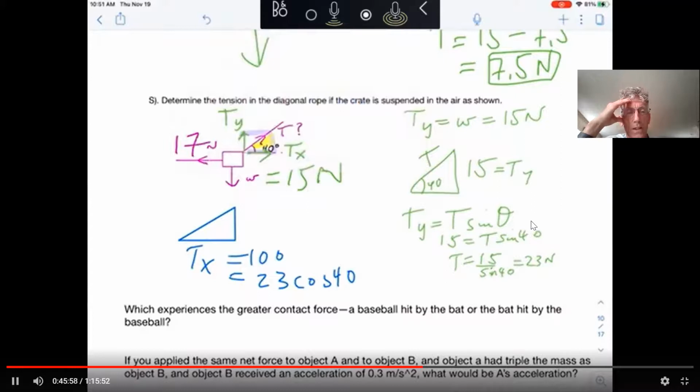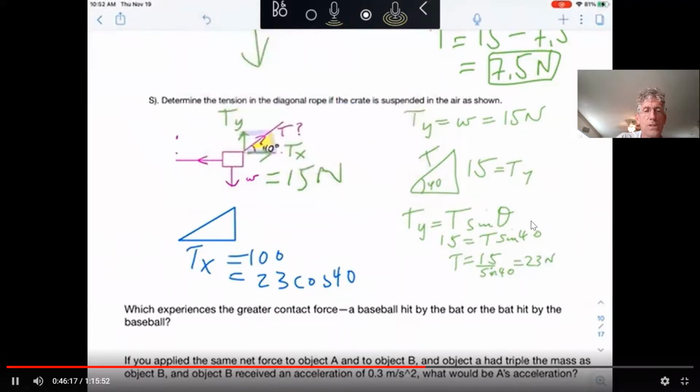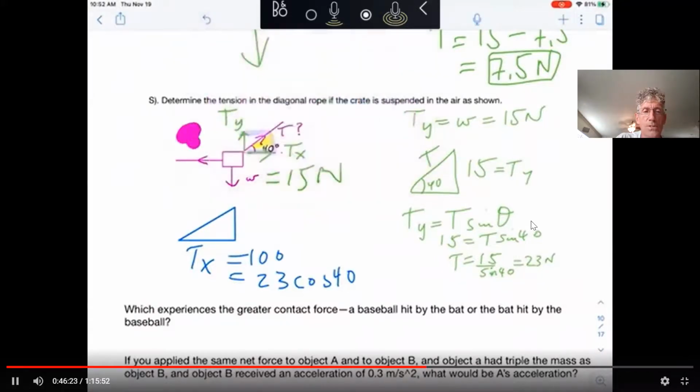So Tx is 17, and it's the same as the horizontal force pointing to the left. So that 100 newtons was a mistake I just threw in. See that blue triangle? Tx does not equal 100. It equals 23 cosine of 40, which is 17 newtons.